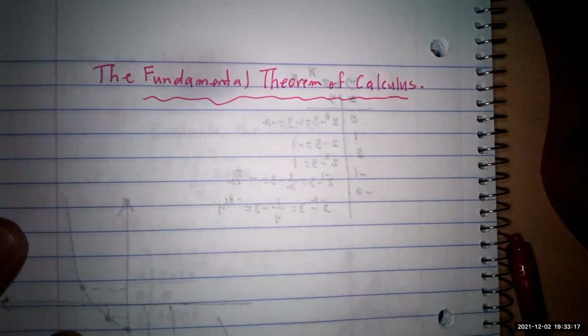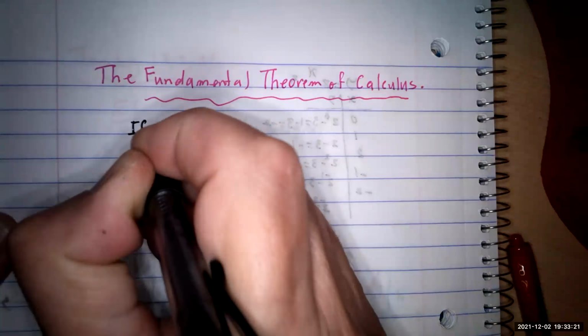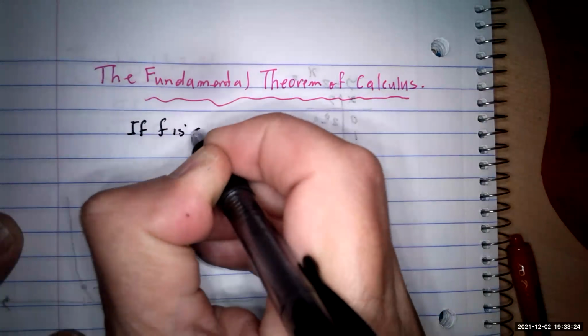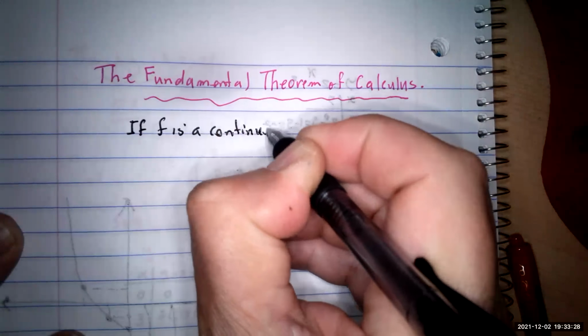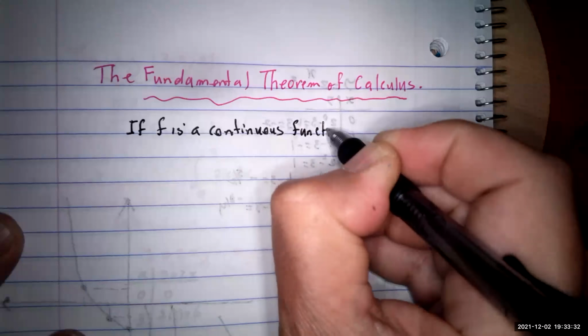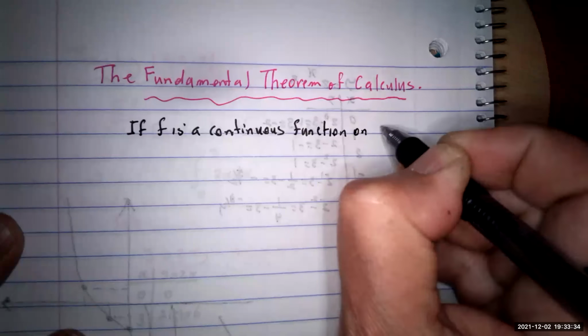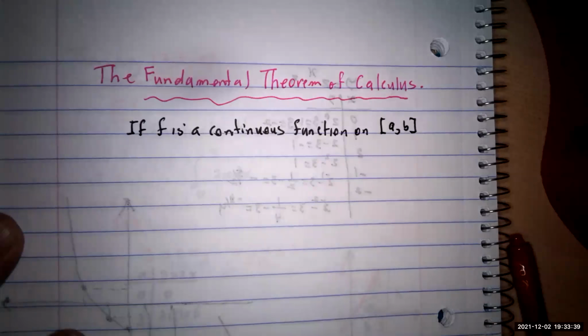So what is going to be the condition? The condition is this one: if f is a continuous function on the closed interval a comma b, that's going to be one.